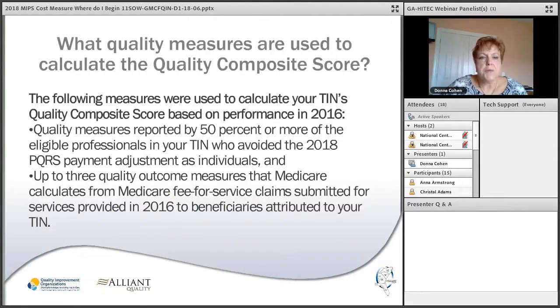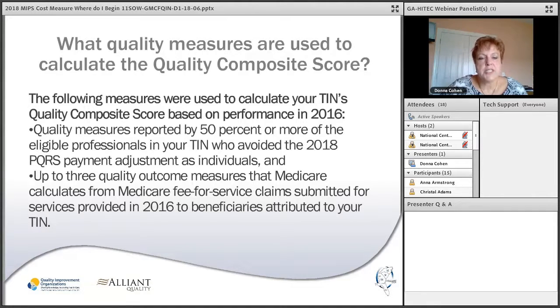So let's talk about what quality measures are used to calculate the quality composite score. There's actually two measures. It's the quality measures reported by 50% or more of your eligible professionals in your TIN who avoided the 2018 PQRS payment adjustment.